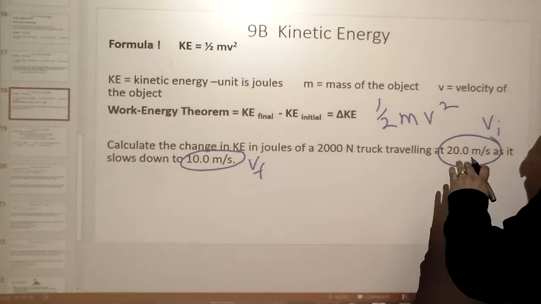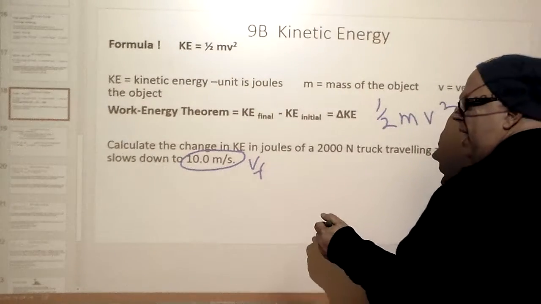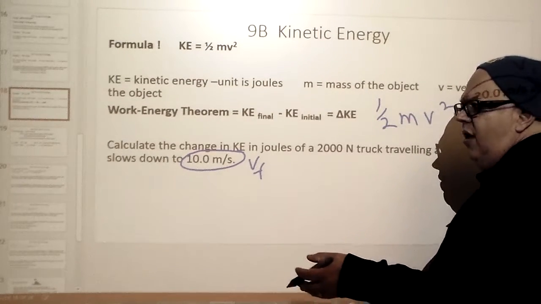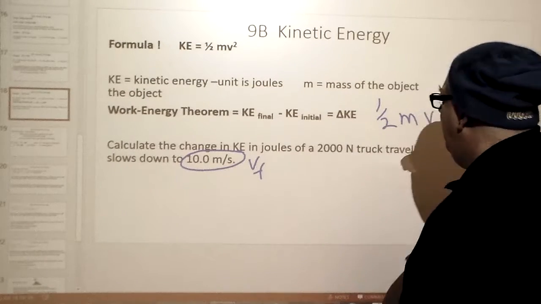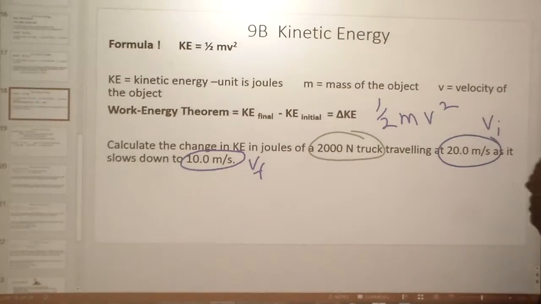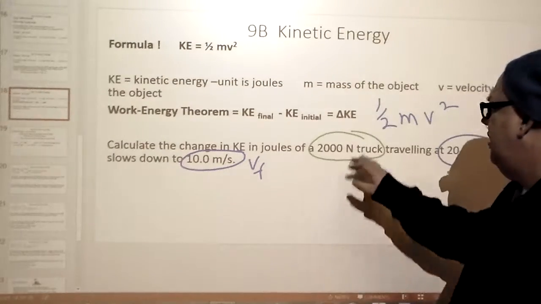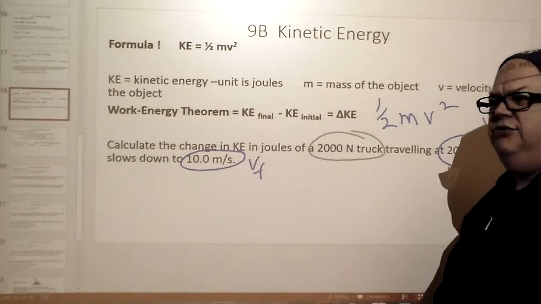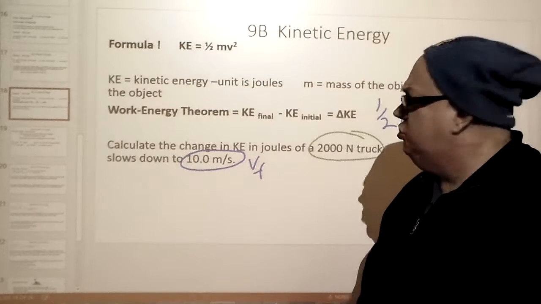But we also have to look and say, well, wait a minute. We don't have the mass. It didn't say anything of kilograms, because the mass needs to be in kilograms. You're right, but they did give us this piece of information that it's 2,000 newtons. Well, wait, what do you mean a 2,000 Newton truck? Is that like the force? Well, we do use newtons for force, that's true.